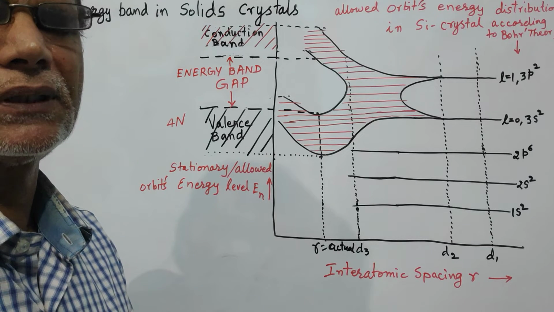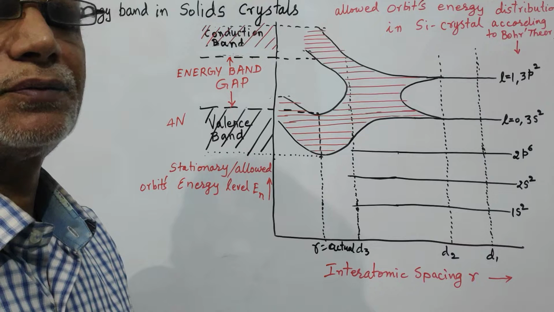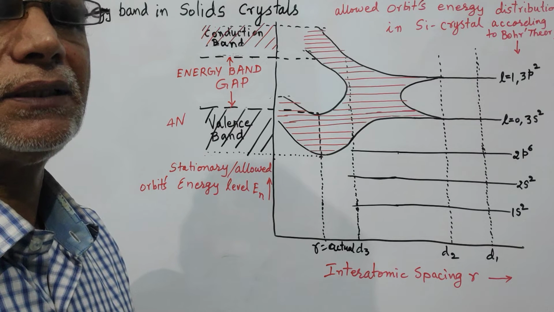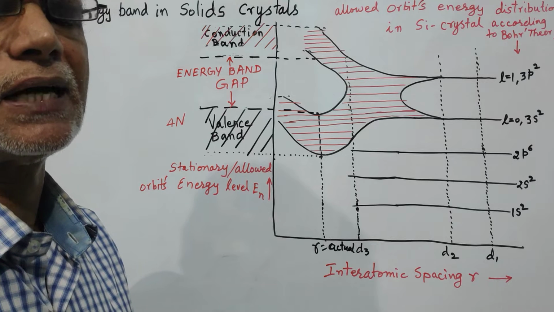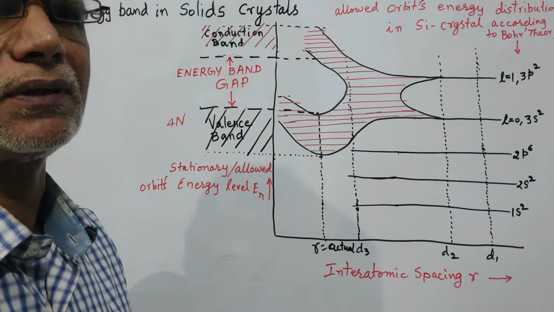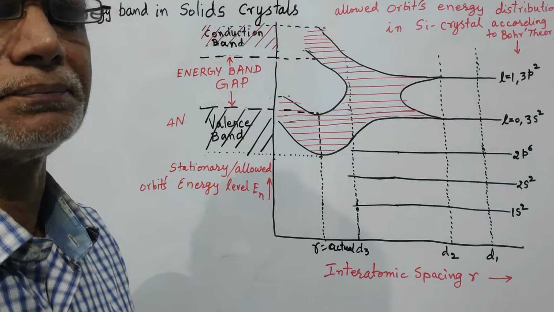Actually, when Bohr gave this theory for the hydrogen atom, he was considering the fact that hydrogen atoms are isolated from each other and they hardly affect the neighboring atom.